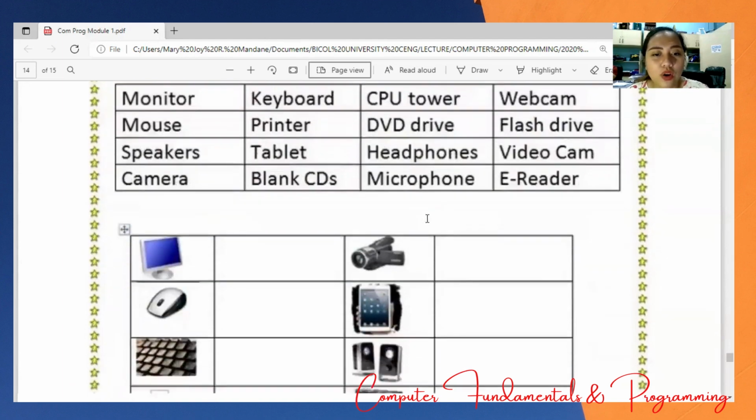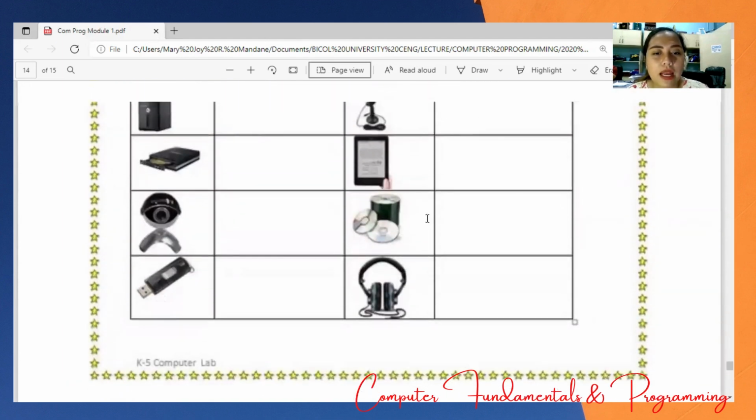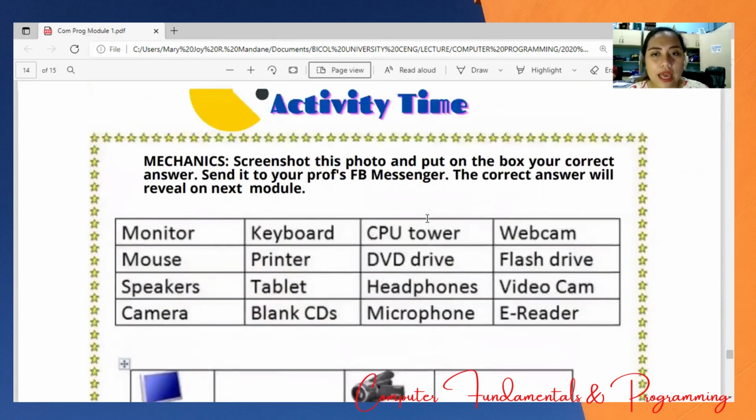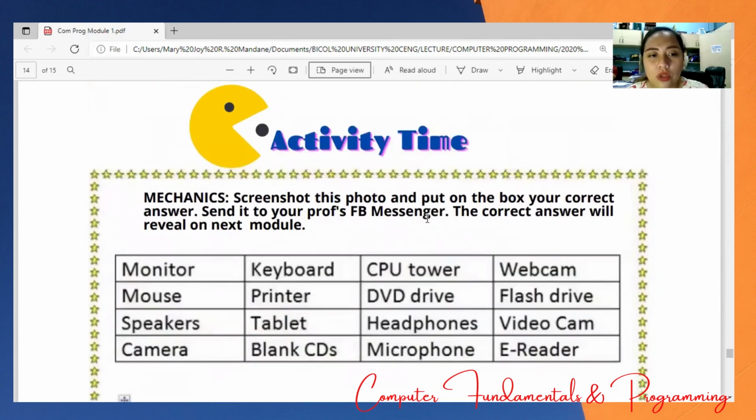You just name each one. You need to send it on your Google Classroom. I will check it in Google Classroom and not on my Facebook Messenger so I won't get flooded with messages.